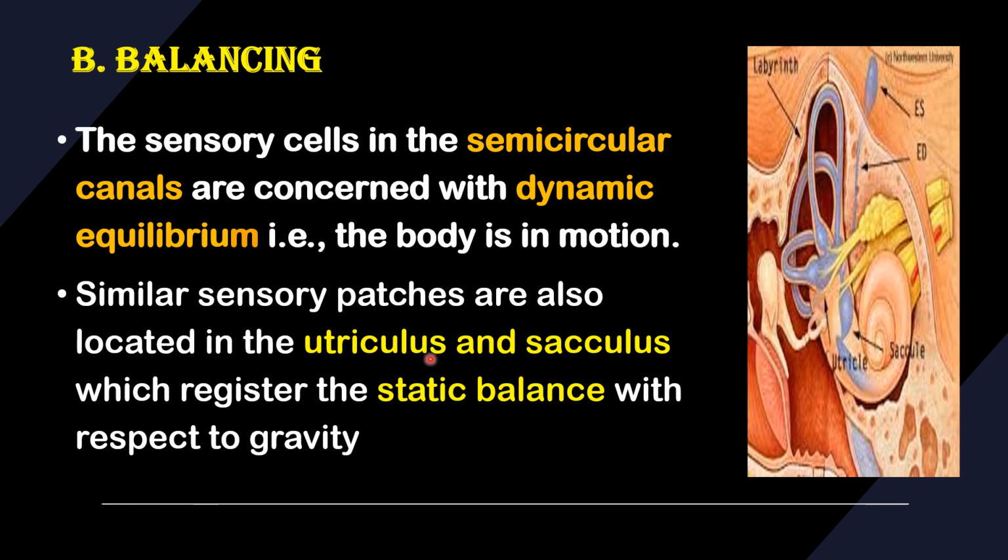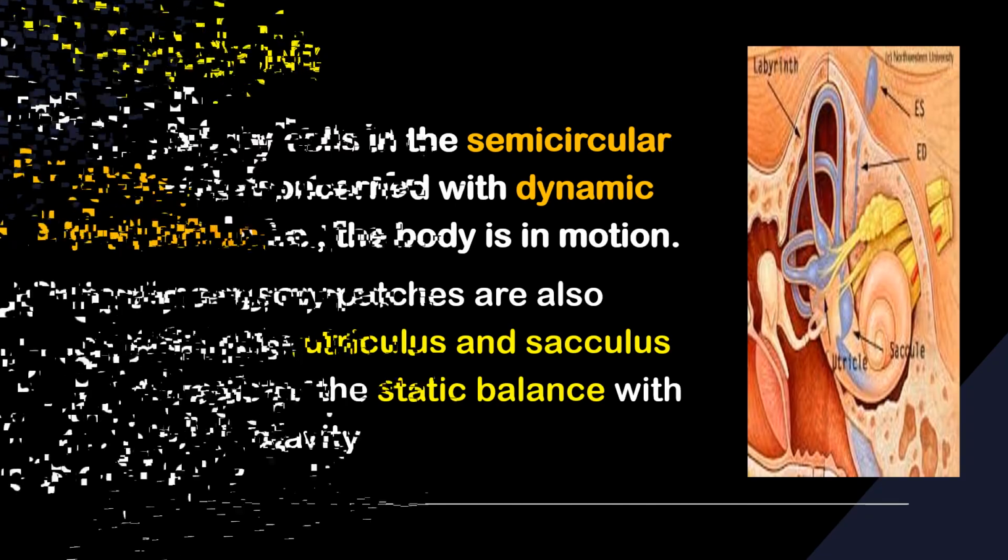These contain sensory cells. These sensory cells register the static balance with respect to gravity. So utriculus and sacculus are responsible for static balance, and the semicircular canals are responsible for dynamic equilibrium or dynamic balance.